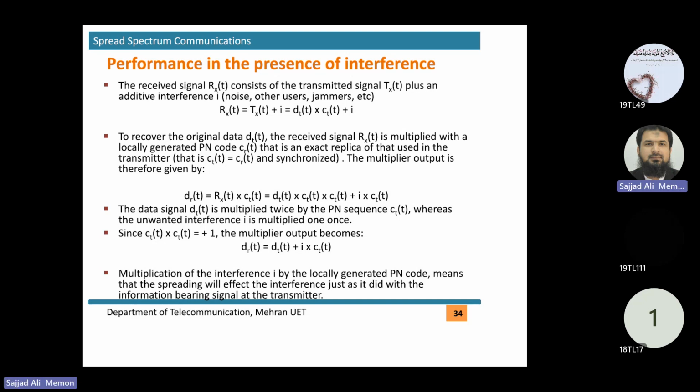Since when we multiply the two codes, they generate plus one, the multiplier output becomes d(t) plus interference times c(t). So the multiplication of interference I by the locally generated PN code means that the spreading will affect the interference just as it did the information-bearing signal at the transmitter.